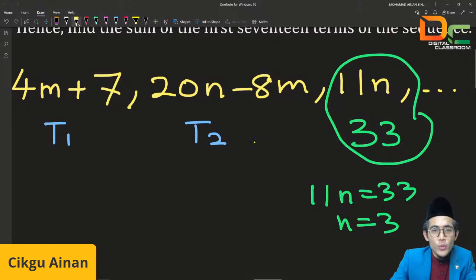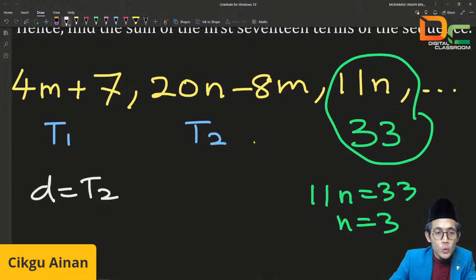Okay, now how to get the value of m? Since the question told us this one is an arithmetic sequence, an arithmetic sequence has a common difference. Common difference is the second term minus the first term. Common difference is T2 minus T1.